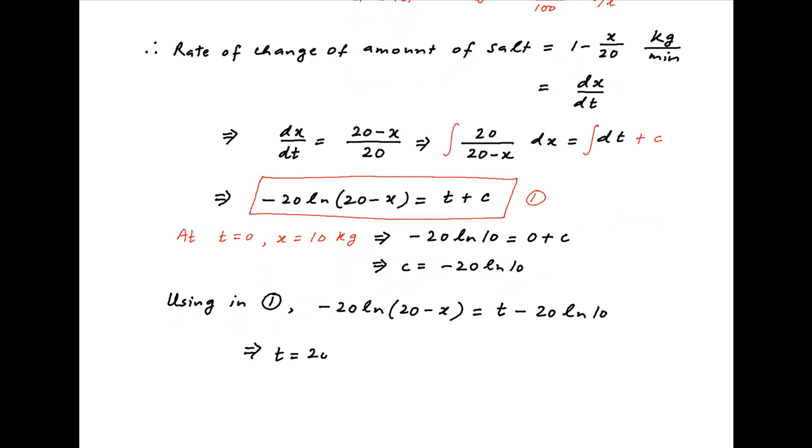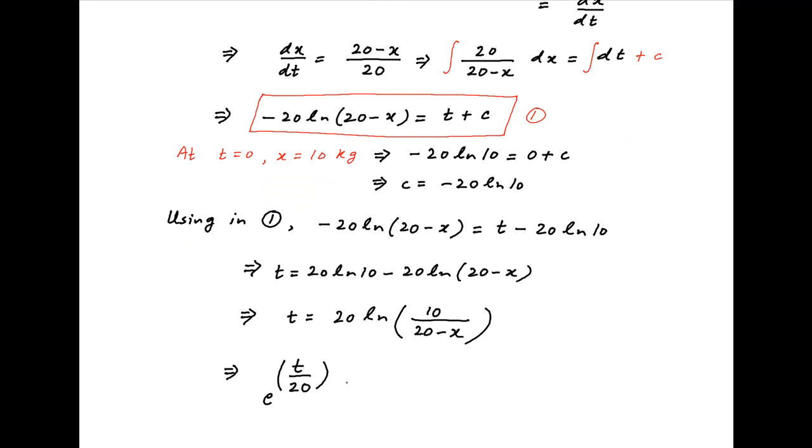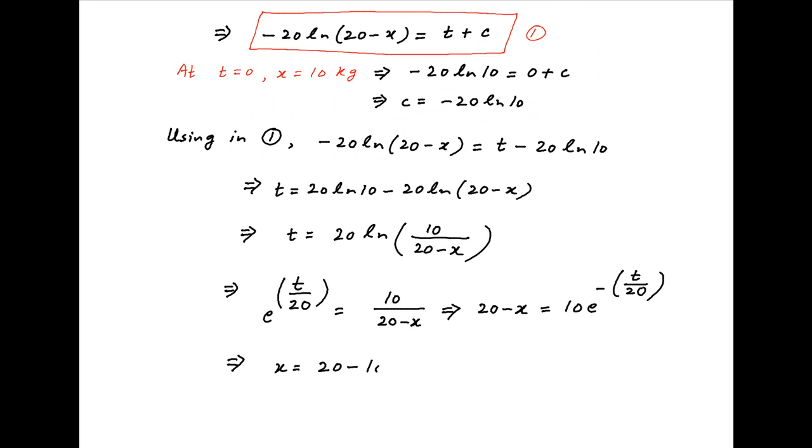Therefore, t is equal to 20 ln 10 minus 20 ln of 20 minus x. And therefore, t is equal to 20 times ln of 10 upon 20 minus x. This can also be written as e raised to the power t upon 20 is equal to 10 upon 20 minus x, or 20 minus x is equal to 10 times e raised to the power minus t upon 20.